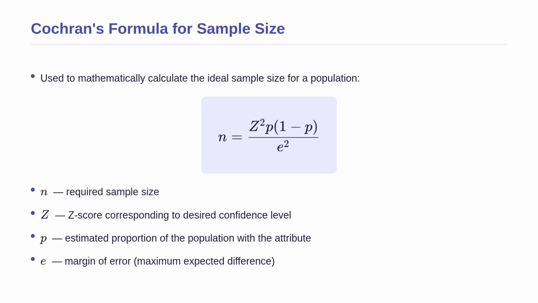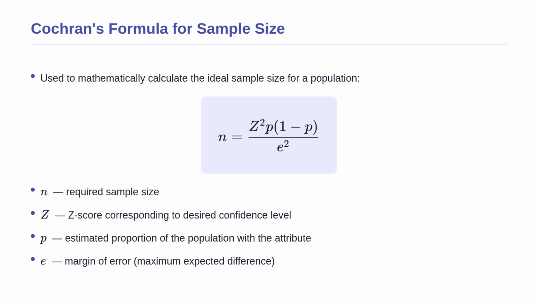This brings us to an important practical question. Exactly how many people or items do we need in our sample? We cannot just guess. We use Cochrane's formula to calculate this mathematically. Let us look at the symbols. Here, N is the required sample size we want to find.